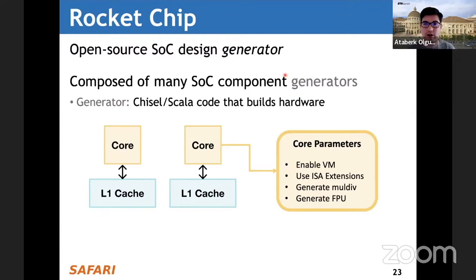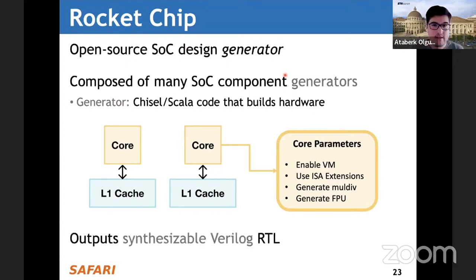You can see some of the parameters you can enable or disable by just changing one line of code on this diagram. And finally, the system generated with this Chisel and Scala code will be output as synthesizable Verilog RTL that you can use to build your chips, prototype on FPGAs, and do all sorts of simulations and analysis on.